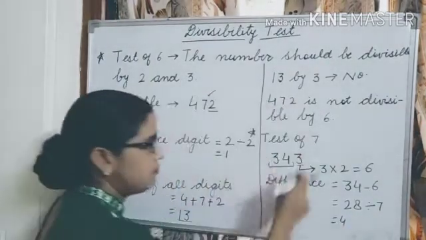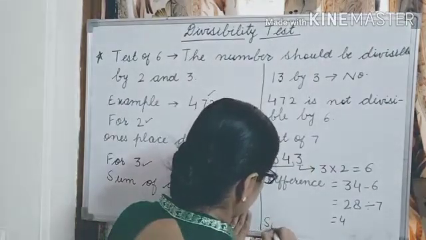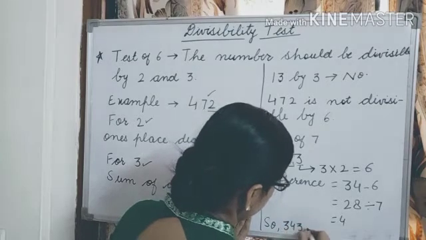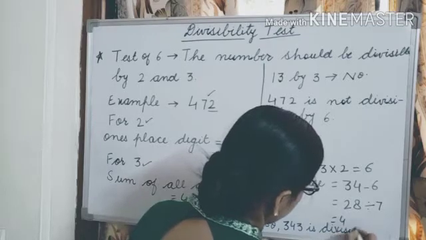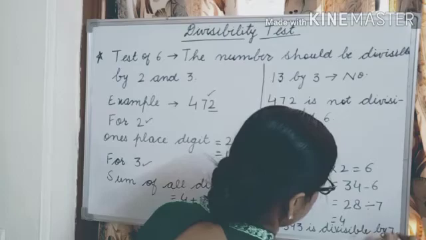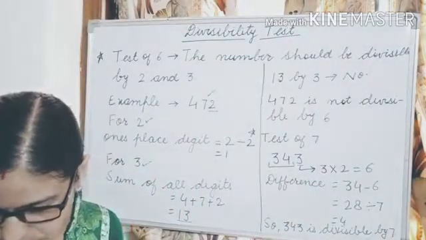So it is divisible by 7. So 343 is divisible by 7.